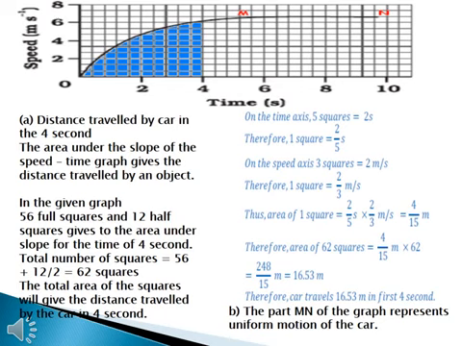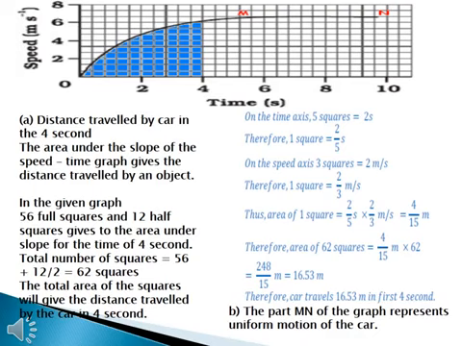Thus, the total area of the squares, which is the sum of full squares and half squares, will give the distance traveled by the car in 4 seconds. For this calculation, first you are introduced to how to take the scale of the graph.